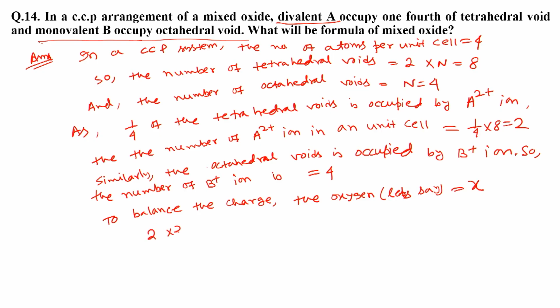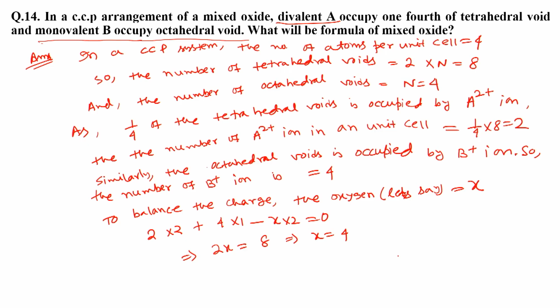Therefore, 2 times 2 plus 4 times 1 minus x times 2 gives 0. So 2x we get 8, right. So x we get 4.